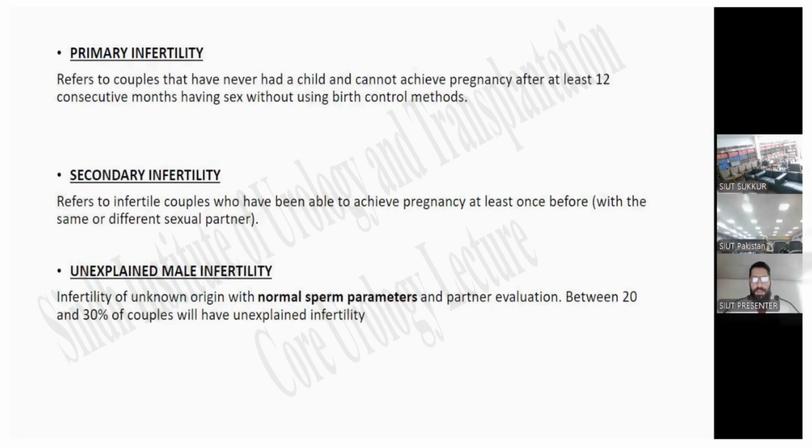Unexplained infertility or infertility of unknown origin is with normal sperm parameters and partner evaluation, and it consists of 20 to 30% of couples that visit a doctor with the complaint of infertility.